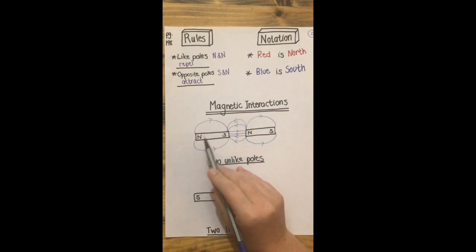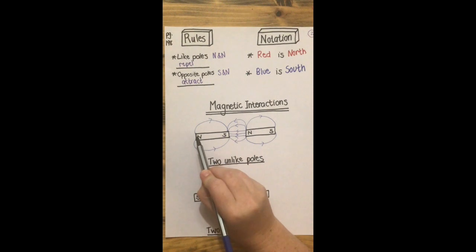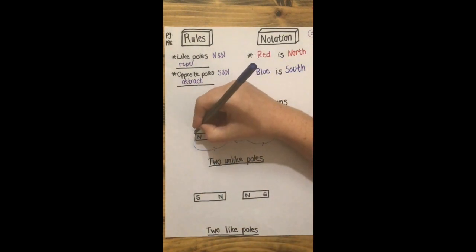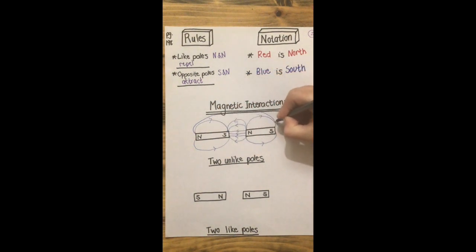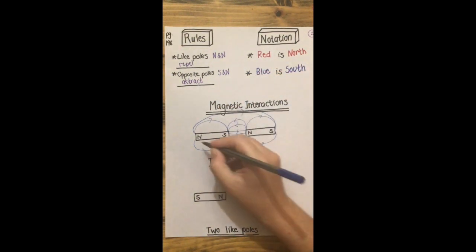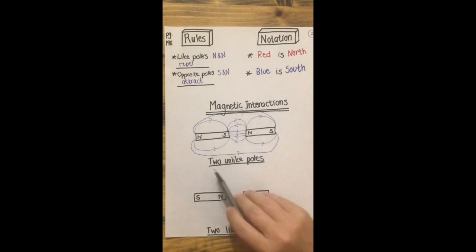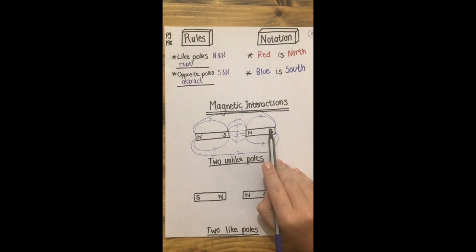When they start getting very far away from each other, this end is also, you can't see that nicely, actually also attracted down to that end, and likewise the north end of there is attracted to that south end. So you can see that this is a whole system where every north is attracted to every south.